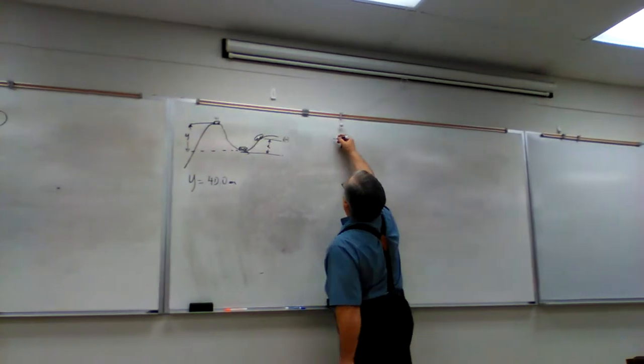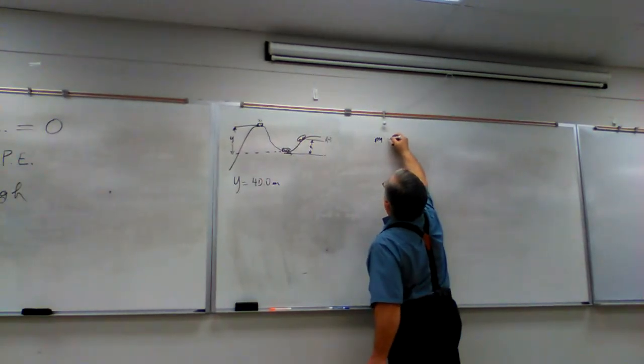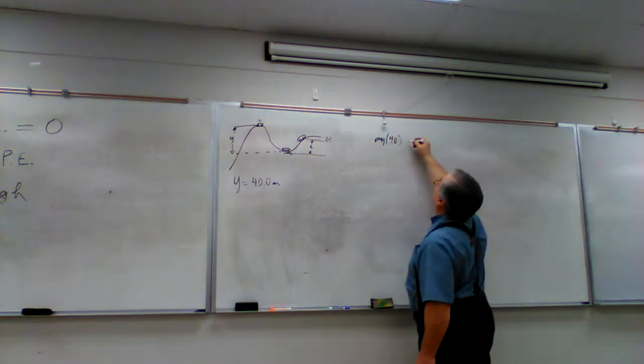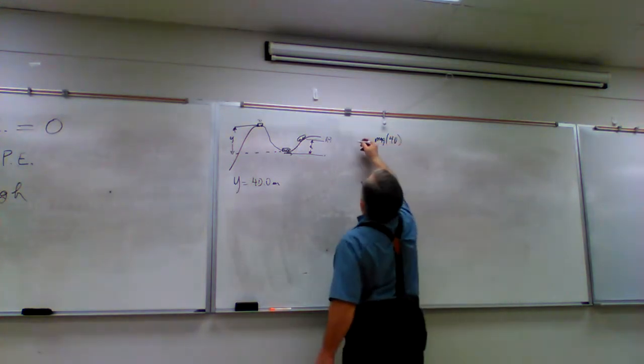We have a mass m at 40 meters times gravity that has 0 velocity.